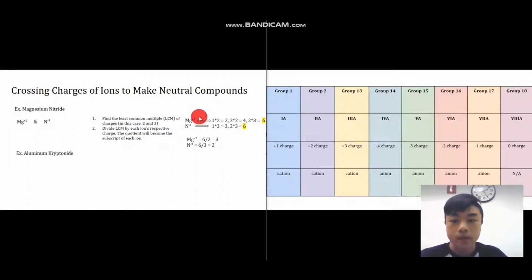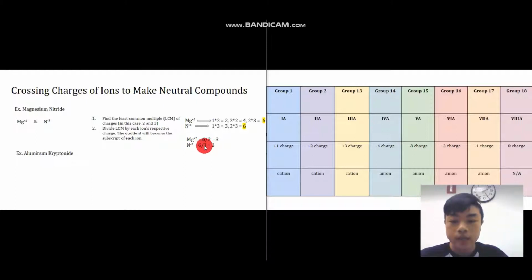So next we're going to divide the LCM by the charges. And so 6 is the LCM. We're going to divide that by 2 because magnesium has a positive 2 charge. So it's going to be 3. 6, which is the LCM, divided by 3 equals 2, which is going to be the subscript for nitride in this ionic compound.